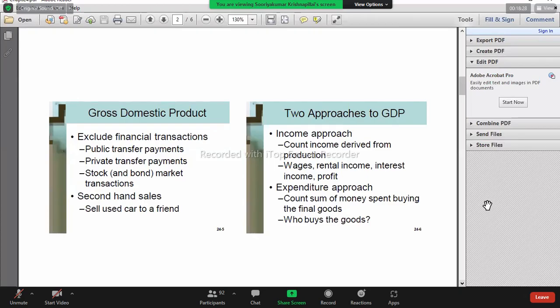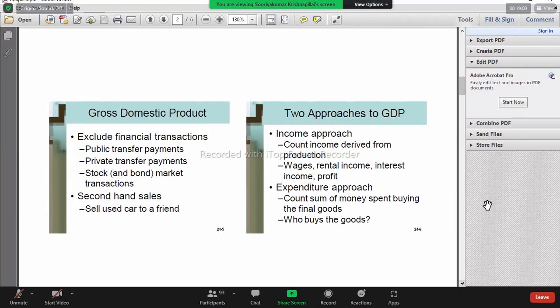The household supplies land, and land is also a factor, for which they get rental income. They supply capital, and for that capital they get interest. The household supplies entrepreneurial ability, and for that they get profit.